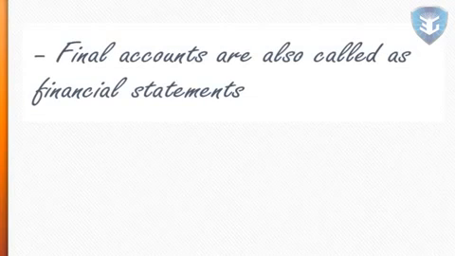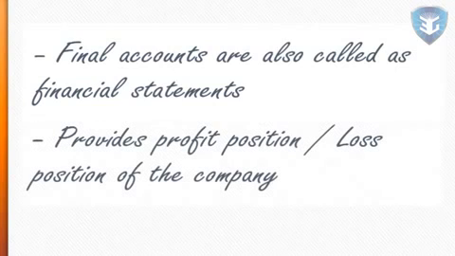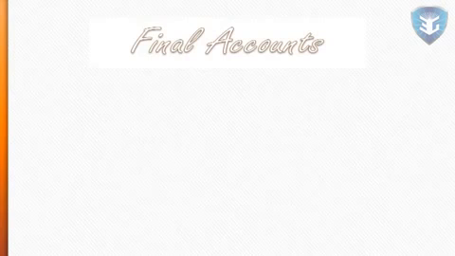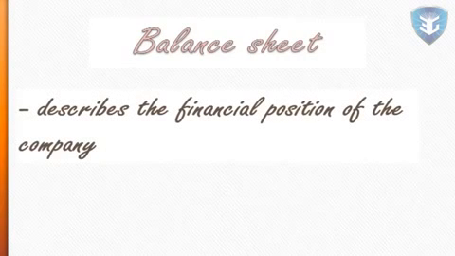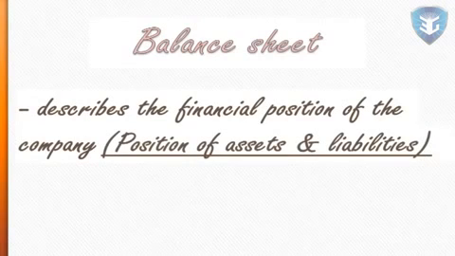Actually, financial statements or final accounts take us to the profit position or loss position of the company, means whether the company has made profit or suffered loss during the year. And secondly, final accounts take us to the financial position of the company at the end of the year. Balance sheet always tells us about the financial position of the company. What is financial position of the company? Financial position means the position of assets and liabilities.